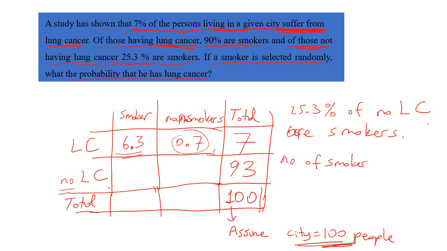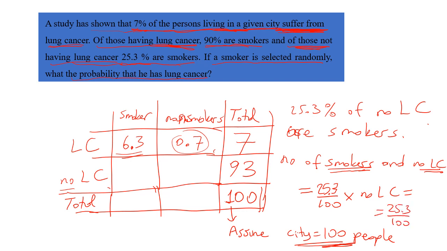The number of people who smoke and have no lung cancer is equal to 25.3 over 100 times the number of no LC. No LC is 93, so it will be 25.3 over 100 times 93, and this will be equal to 23.529.